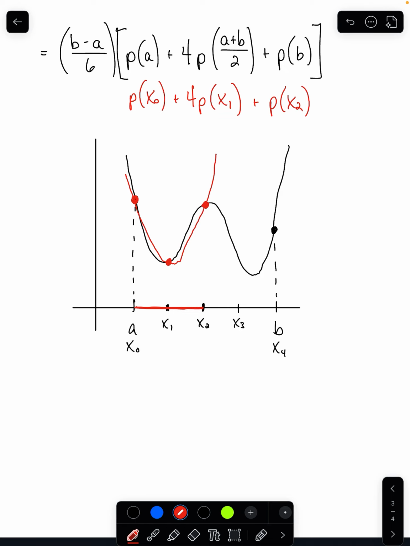So what we have here is some polynomial on the interval from x sub 0 to x sub 2.